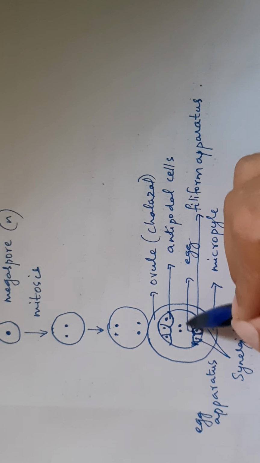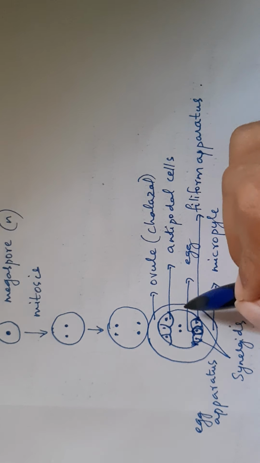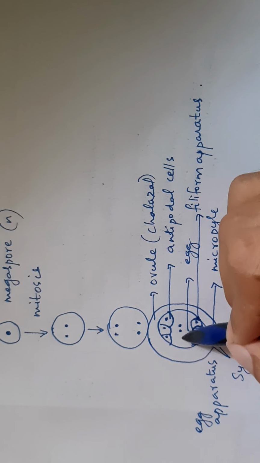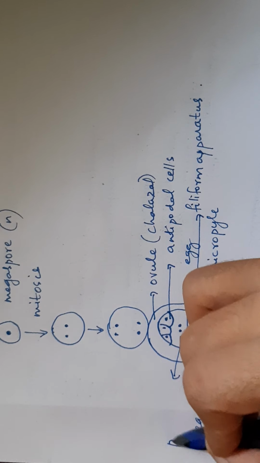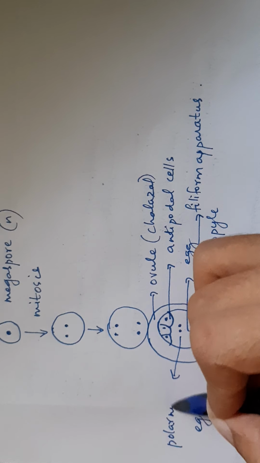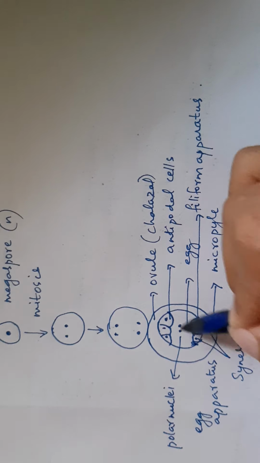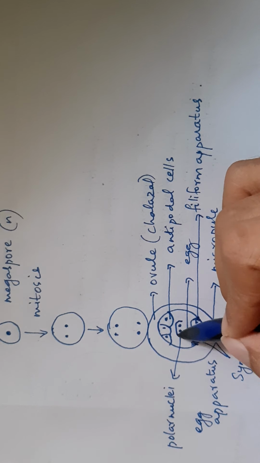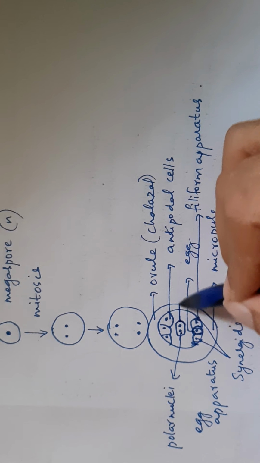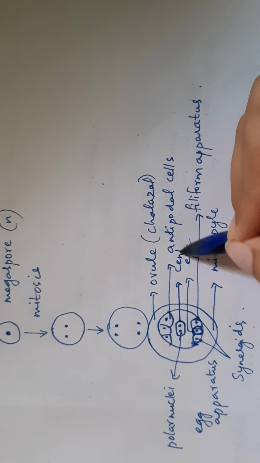The 2 nuclei found in the center of the embryo sac are called polar nuclei. They are not fused, they remain separate. Polar nuclei will be surrounded by a common cell wall, and this cell is called the central cell.